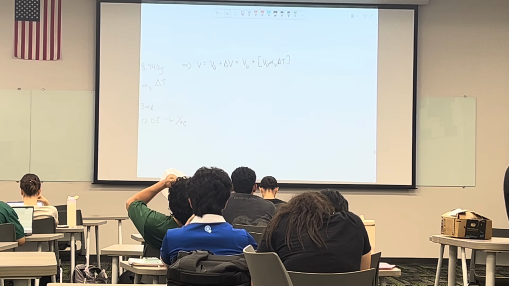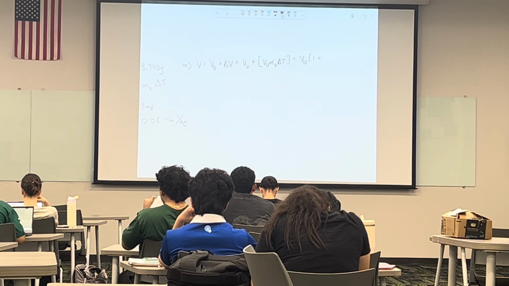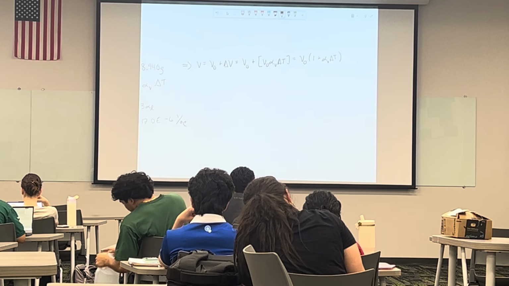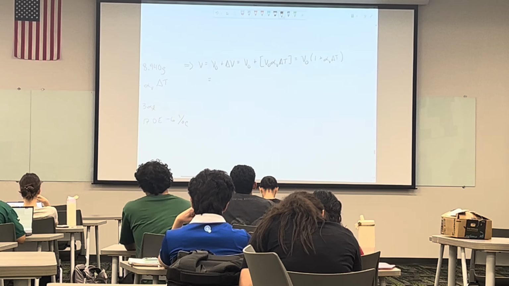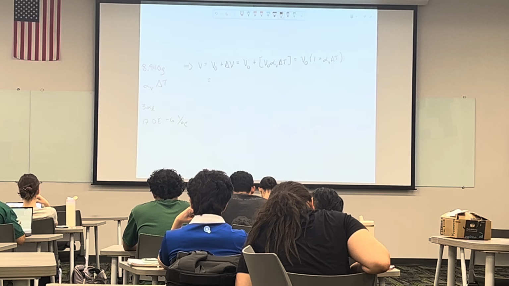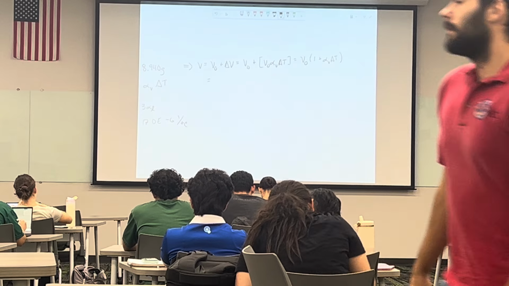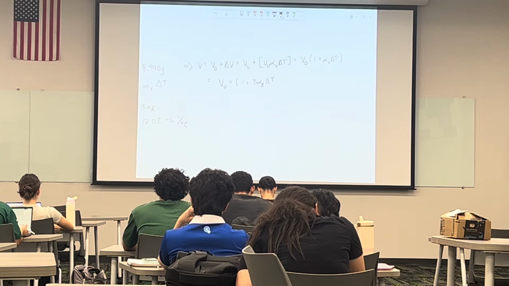The V naught multiplied by that volume coefficient of thermal expansion and the change in temperature. And we can simplify this out a little bit more so that we end up with this here. And then now substituting in that alpha V is 3 times alpha L, you end up with this multiplied by the change in temperature.